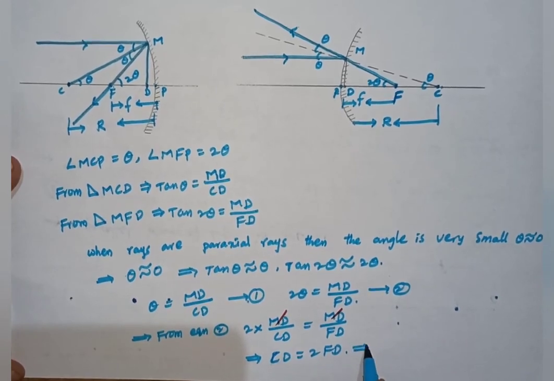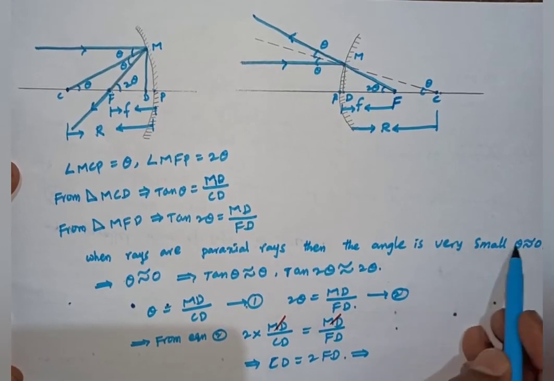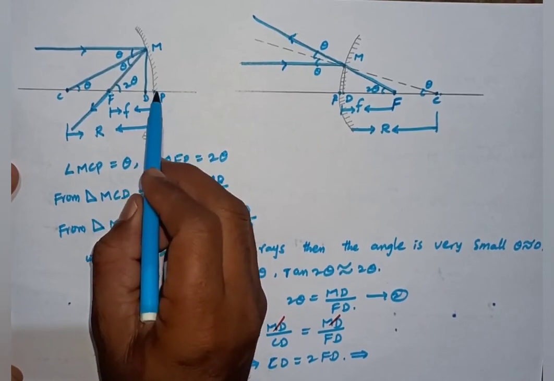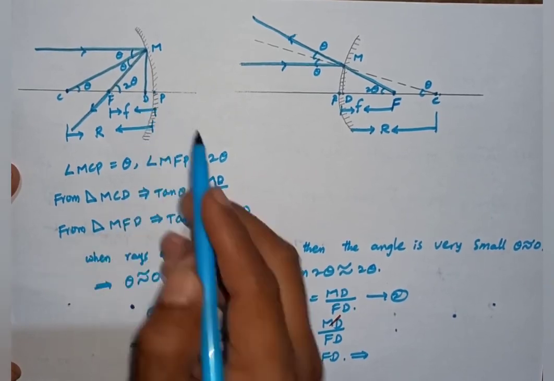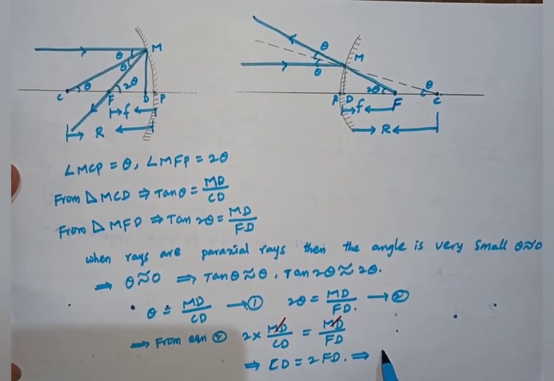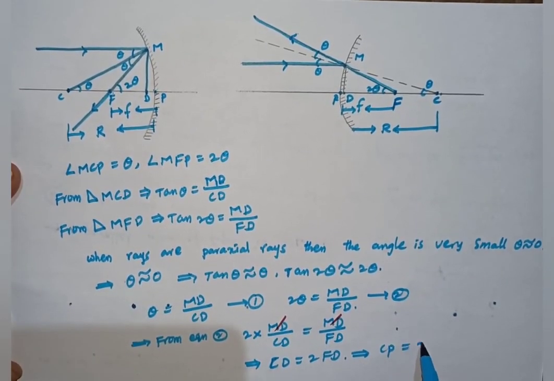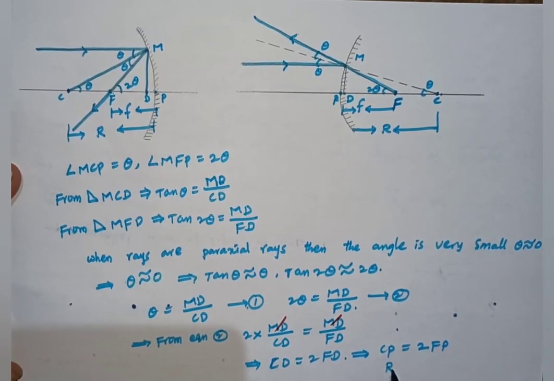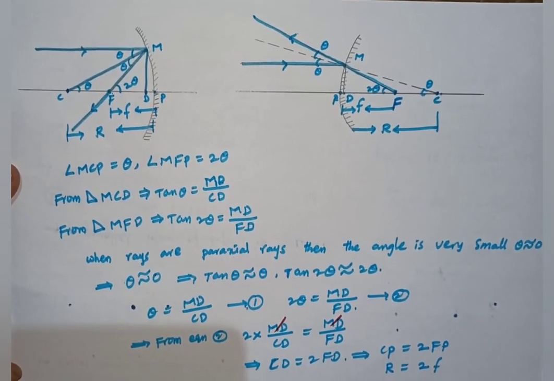Already we have taken that when rays are paraxial rays, the angle is very small. When the angle is very small, there is no difference between point D and point P, so the distance is very small. So it is also written that CD is nothing but CP equals 2 into FP. What is CP? CP is nothing but R. R equals 2 into FP, which is small f.